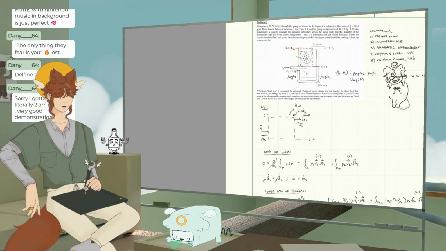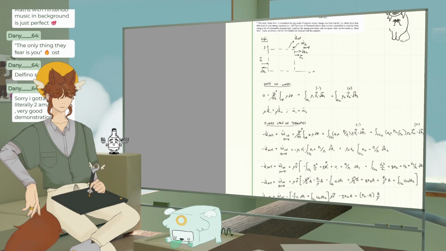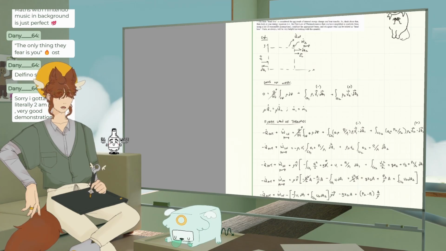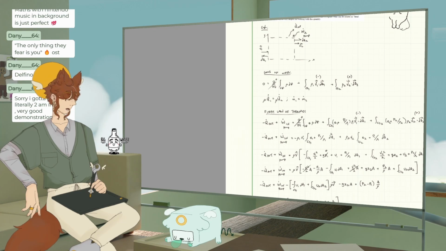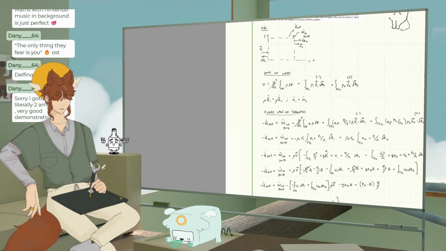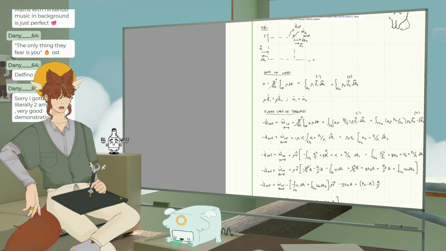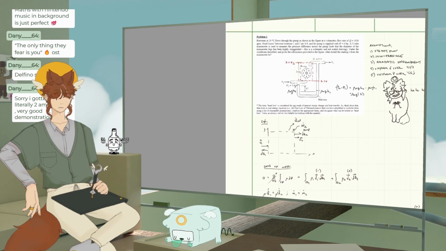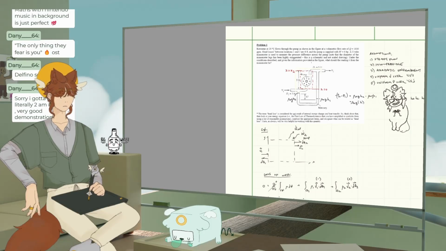The other problem we did was this one, which kind of looks a lot harder. It's really not that much harder, it's actually kind of easy. Pretty much everything cancels out, but the hard part is you have to recognize what you're given. You also have to choose your control volume very specifically. I chose mine to be this pump, since we're trying to find the pressure difference across the pump.